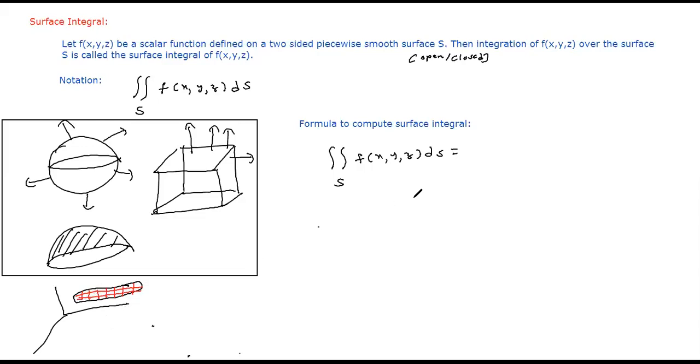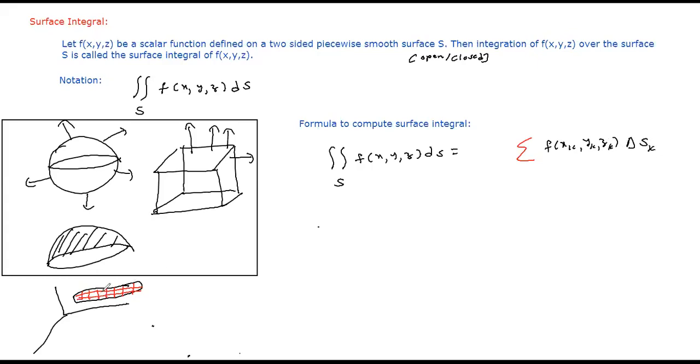Then what you do is take the sum of the functional value f of xk, yk, zk multiplied with delta sk. What is delta sk?